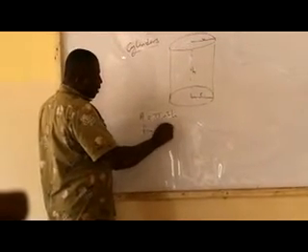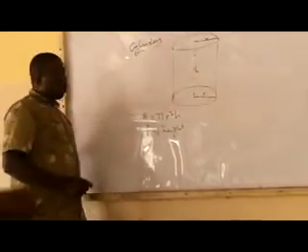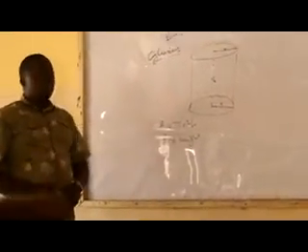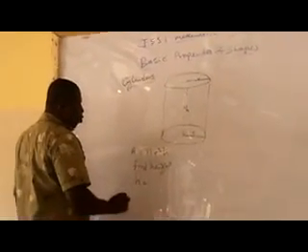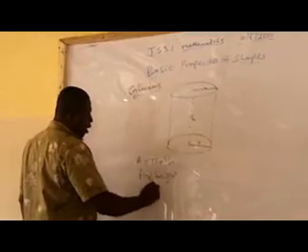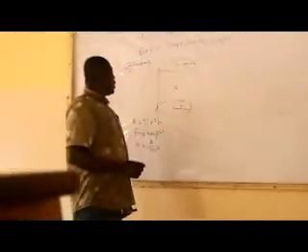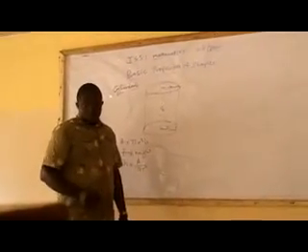When this happens, you make height the subject of the formula. Height will be equal to volume all over pi r squared. That is how to calculate it. Now let's clean up this one and take a look at the pyramid.